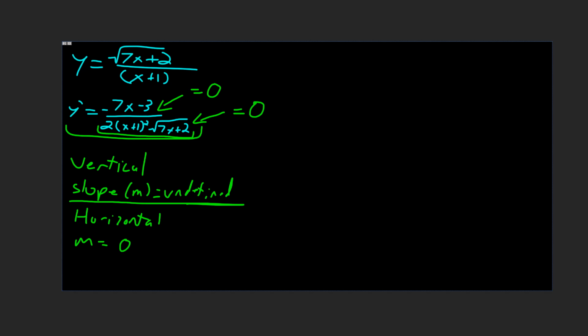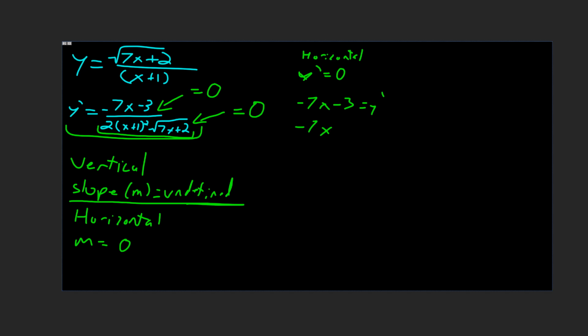So, of course, you solve for your horizontal where y prime is equal to 0. You can go through this, but if you just take the top and go 7x minus 3 is equal to y prime, because the bottom really doesn't matter in the grand scheme of things, because you're just trying to find when this is equal to 0.